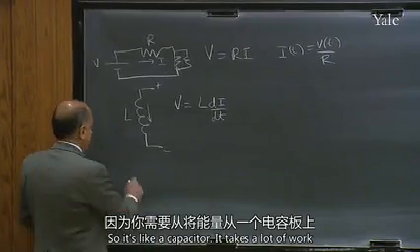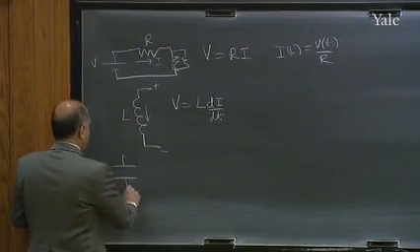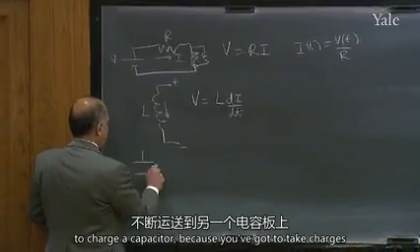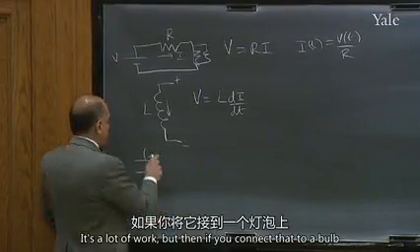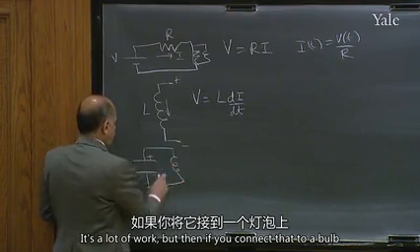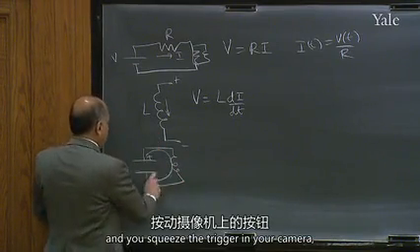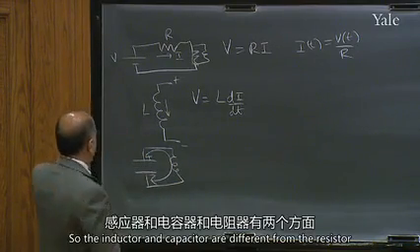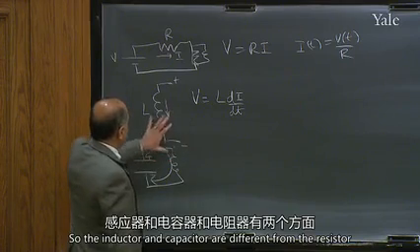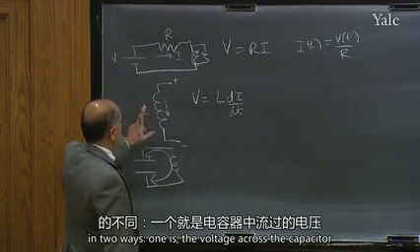So it's like a capacitor. It takes a lot of work to charge a capacitor, because you got to take charges from this plate and keep on piling them onto that plate. It's a lot of work. But then if you connect it to a bulb and you squeeze the trigger in your camera, it discharges, giving you the energy back.